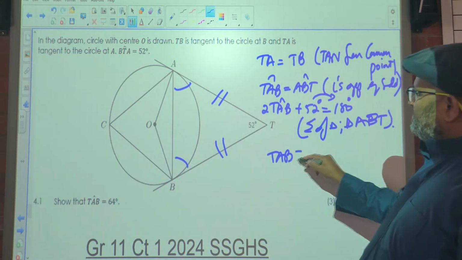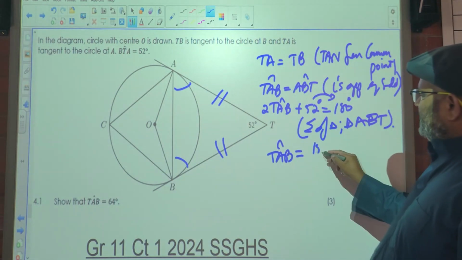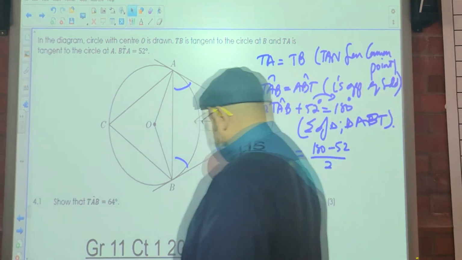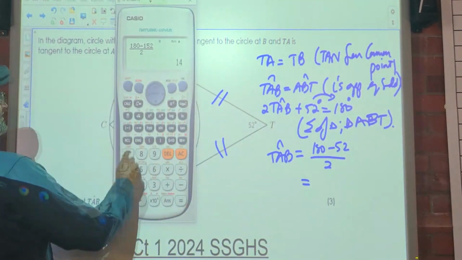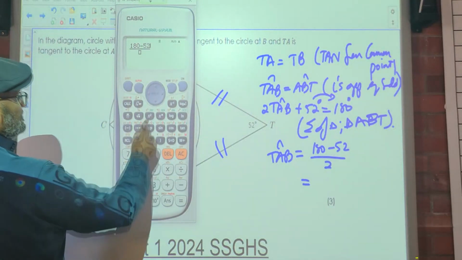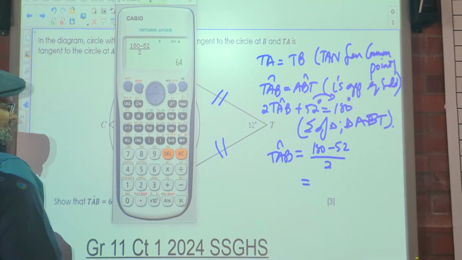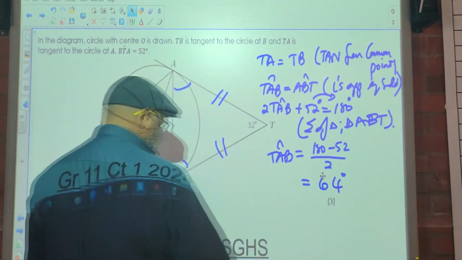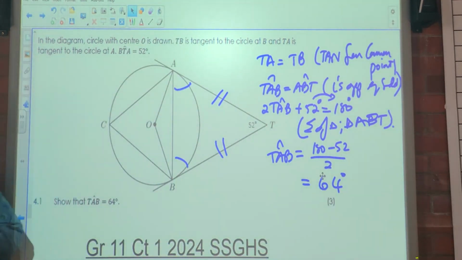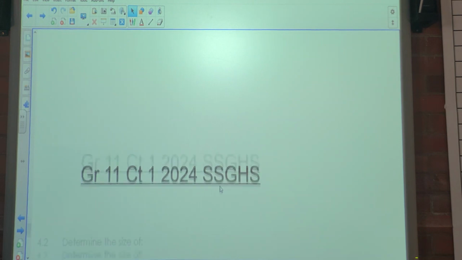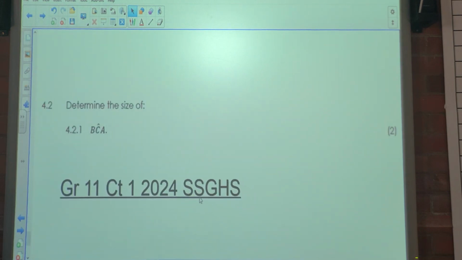So TAB is equal to 180 minus 52, divided by 2, which is 64. Alright, you guys understand?